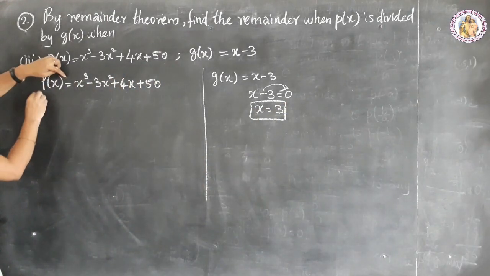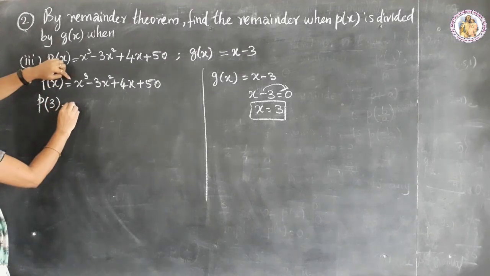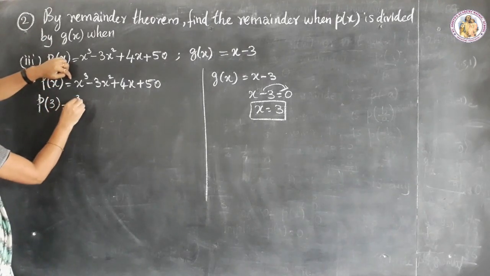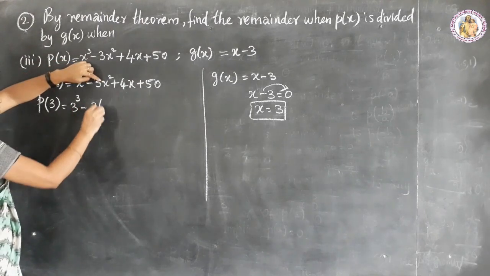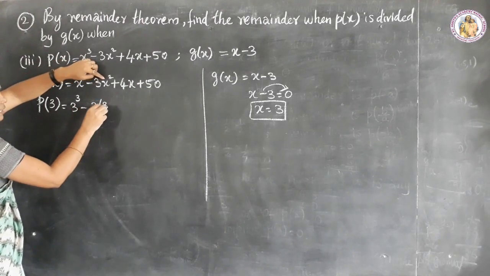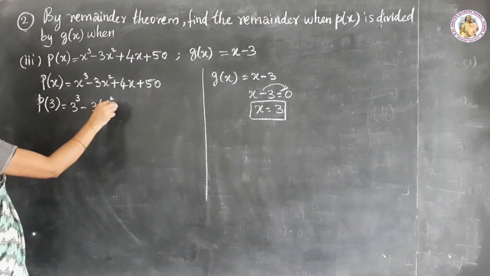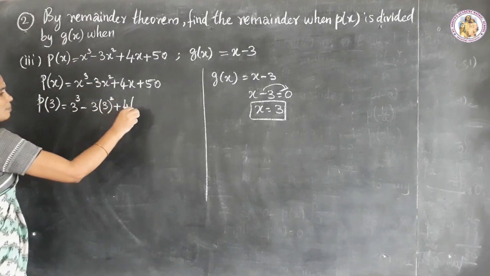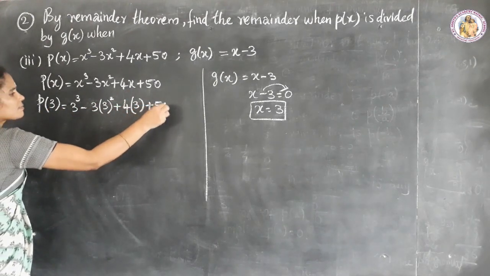And now P of 3 is equal to x cube, so 3 cube, minus 3x square, so write 3 cube, here 3 square, plus 4, in the place of x apply 3, plus 50.